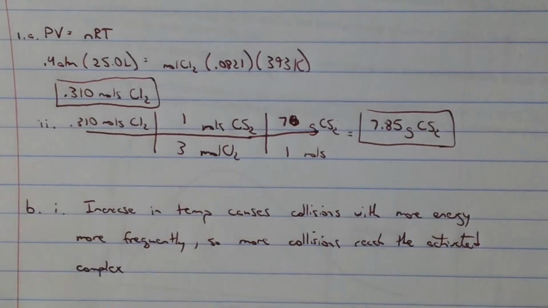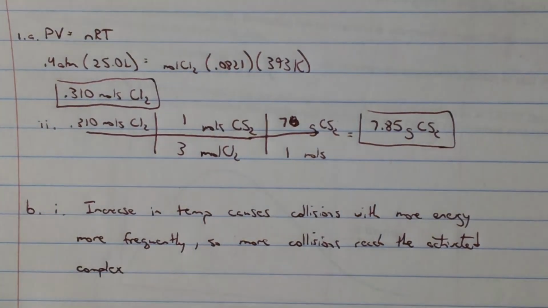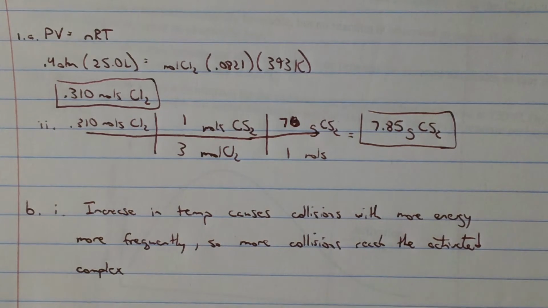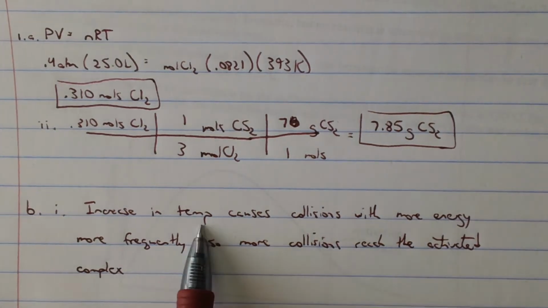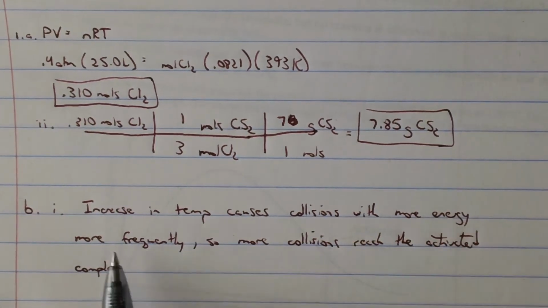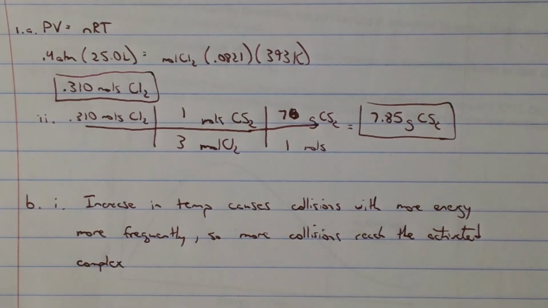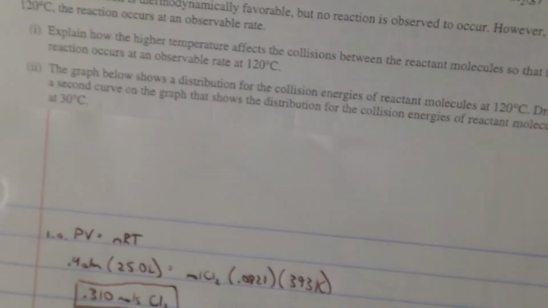You want to talk about orientation in there, more collisions, more correct collisions, or more collisions with correct orientation. But really this temperature is about colliding with more energy more frequently, and we reach that activated complex more often.